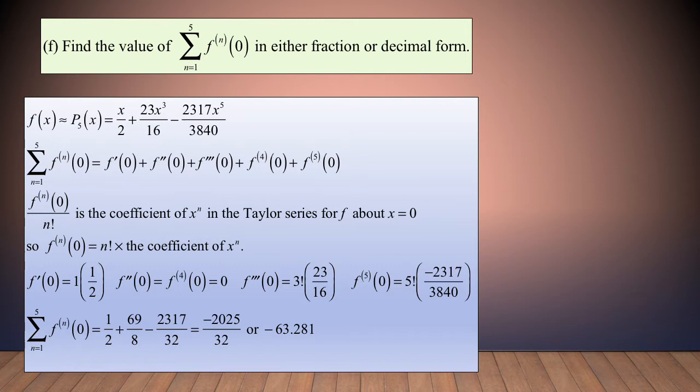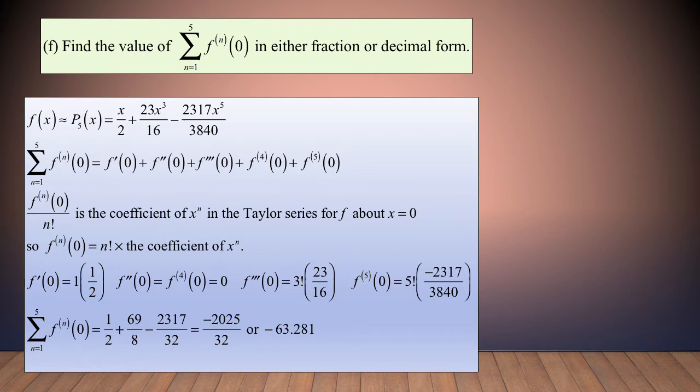The summation n equals 1 to 5 of the nth derivative at 0 is simply the first derivative of f at 0 plus the second derivative plus the third derivative plus the fourth derivative plus the fifth derivative of f at 0.